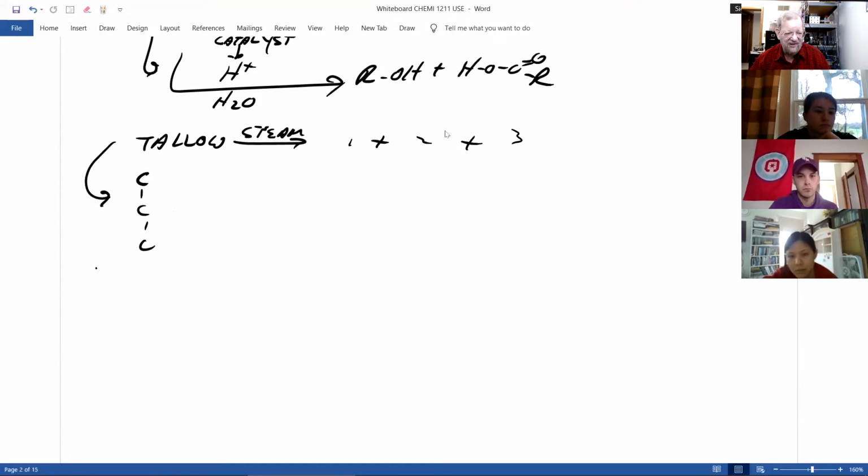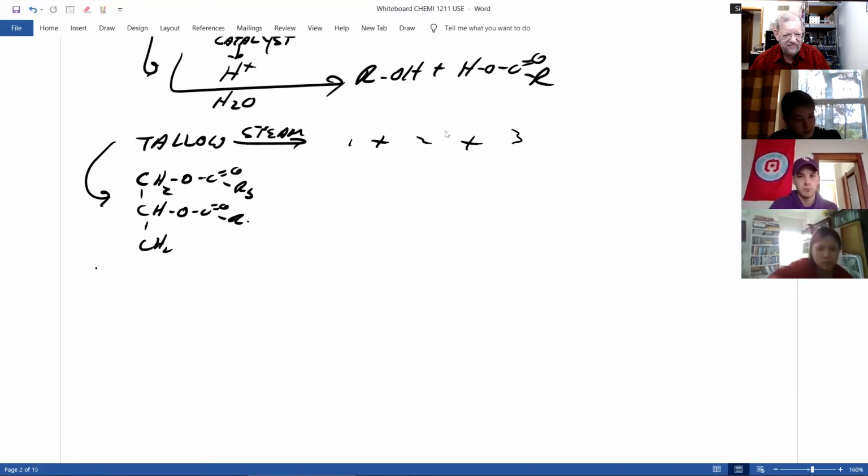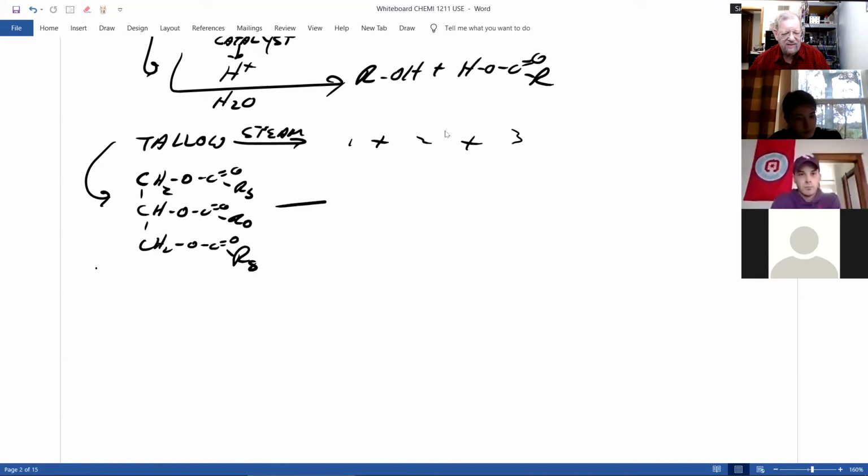And as soon as you see tallow, you should have this triglyceride in mind. And when you react it with steam, remember that's hot water. Guess what? I'm going to let you try this all out, all on your own. Am I nice or am I nice? I'm going to share the fun.